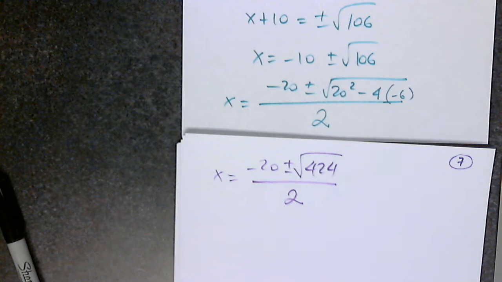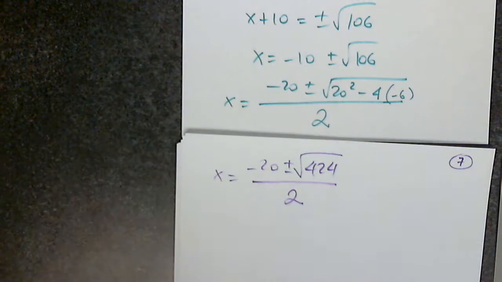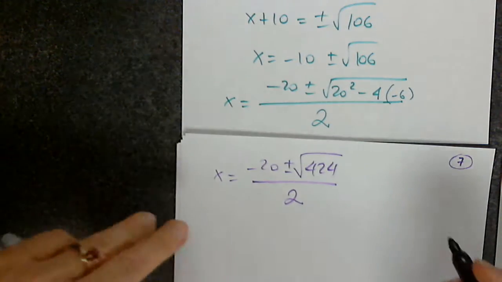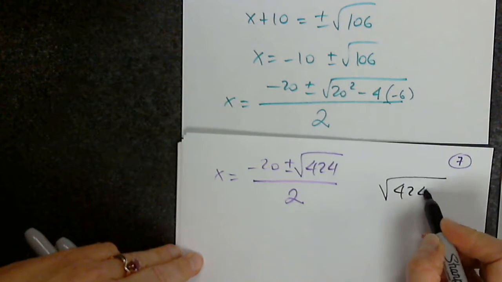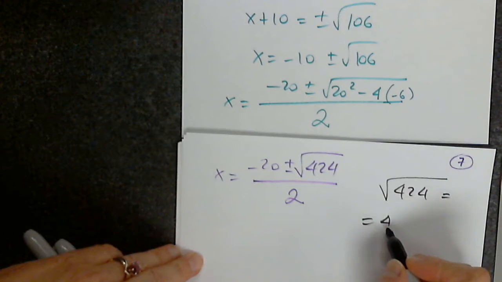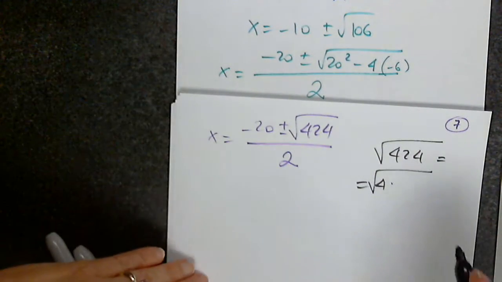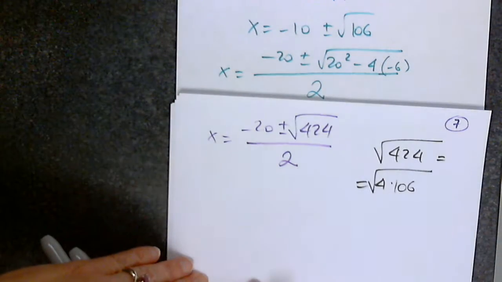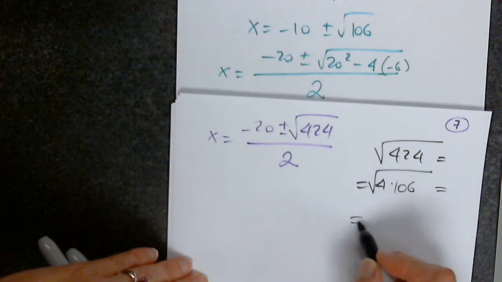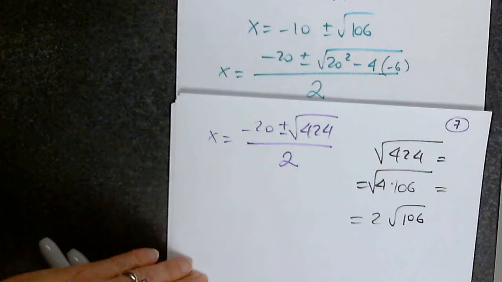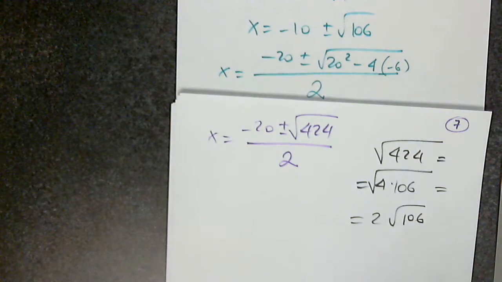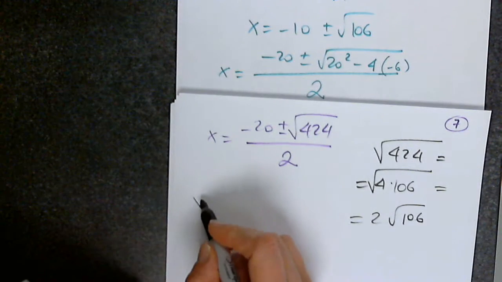I have to look at 424 and see if I can simplify it based on chapter 10, right? So the square root of 424 is definitely 4 multiplied by, well, look at that, 106. So this is nothing else but 2 the square root of 106. To go back and replace the square root of 424 by 2 the square root of 106.